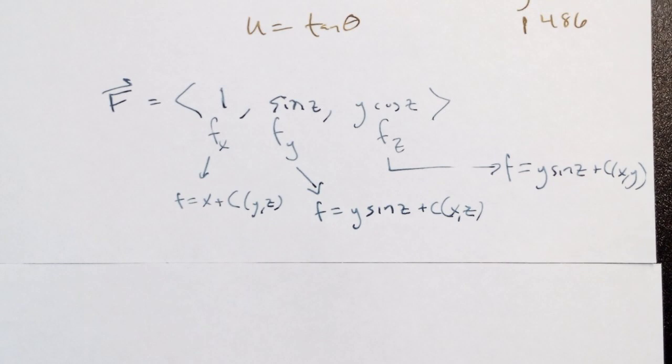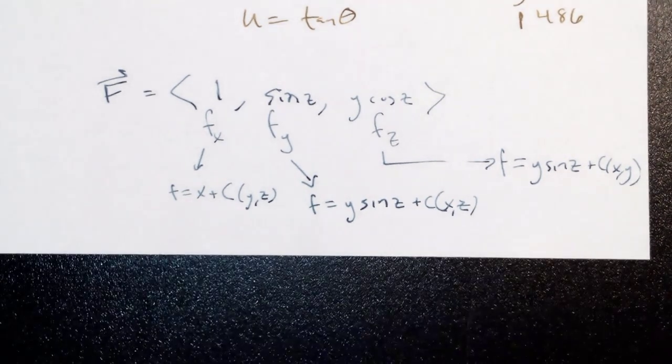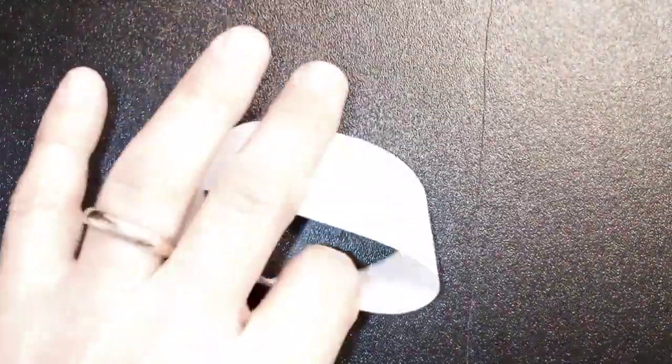This is the preview for tomorrow. How many sides does the sheet of paper in front of me have? I took a strip of paper and I taped the edge together, right?